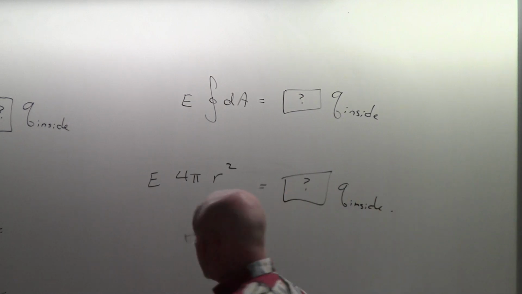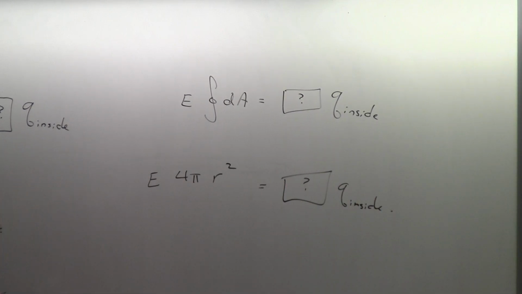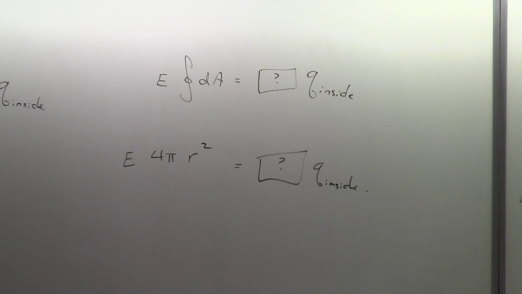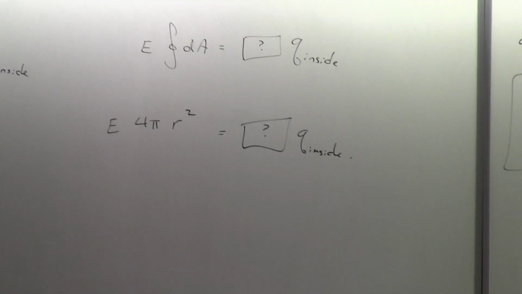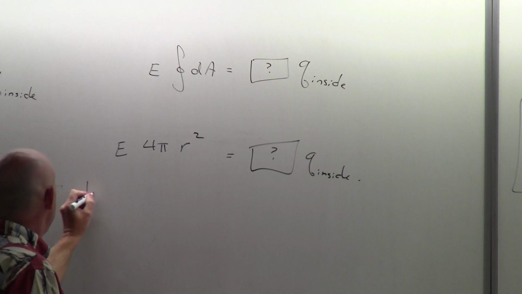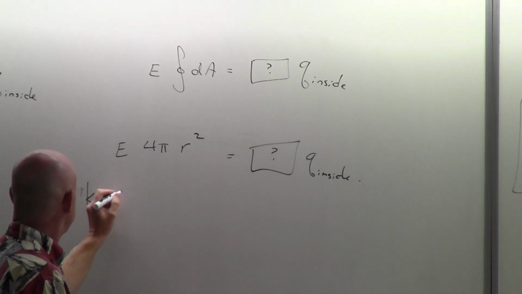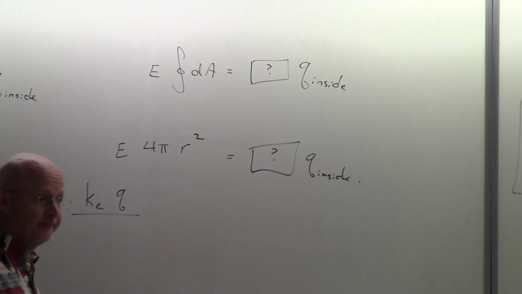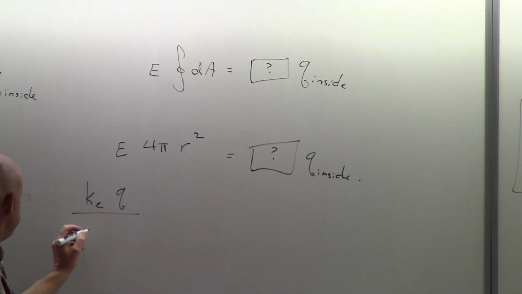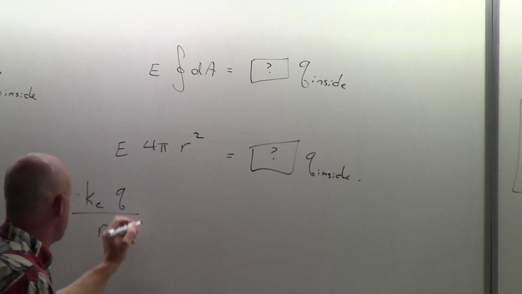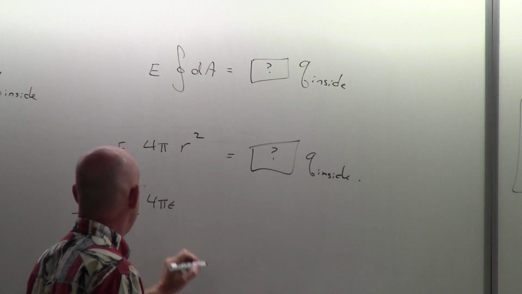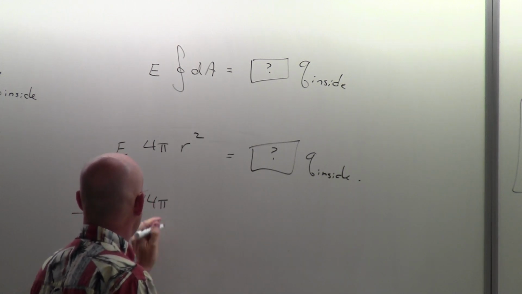Well, now let's go back to what we learned last chapter. What is the equation for the electric field? Coulomb's constant times Q divided by R squared. Exactly.